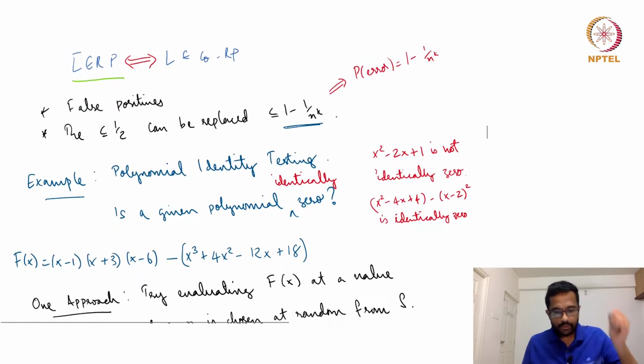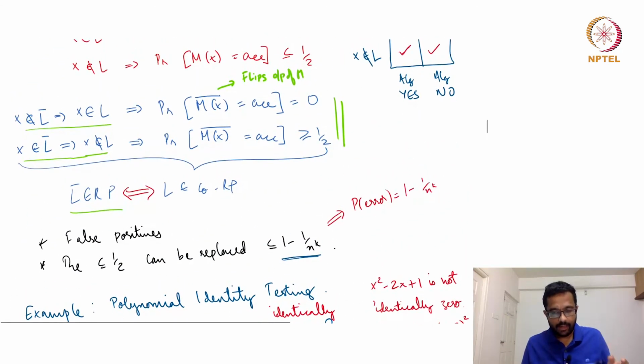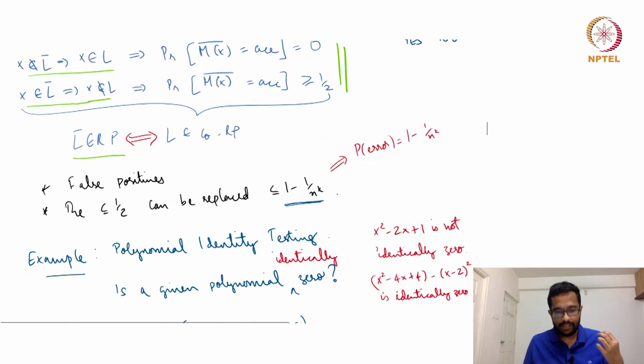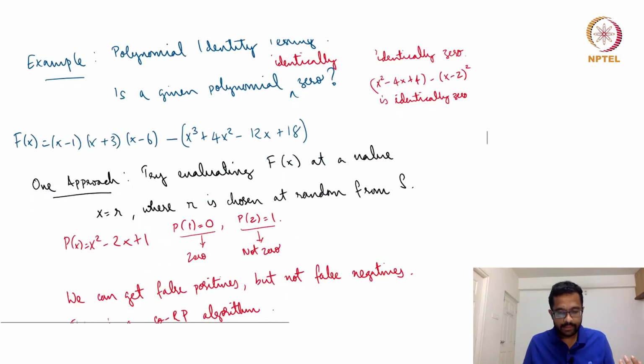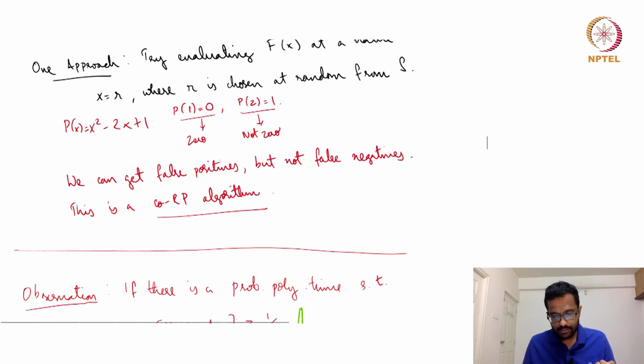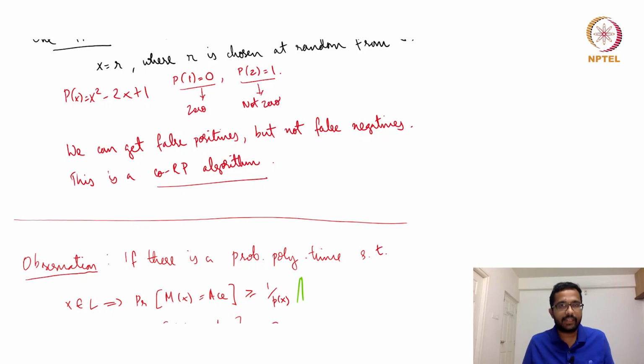There also we saw that the probability of success being half is an arbitrary choice, and we have some leeway there. We saw polynomial identity testing, and saw a co-RP algorithm for it, where we potentially can get false positives. Even though the polynomial is not identically zero, we may incorrectly declare it as identically zero. But it cannot have false negatives.